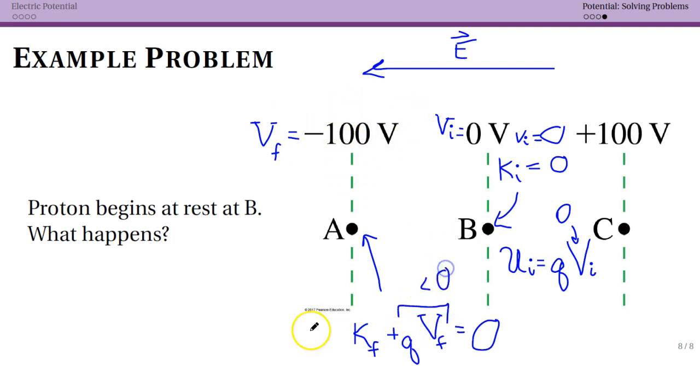So Q V final is in fact less than 0, which allows my final kinetic energy to be greater than 0, which means it's moving. If we start our proton from rest here, it's going to start moving to the left, speeding up, gaining kinetic energy as our potential energy decreases, because we see that our electric potential decreases. We'll spend more time with these types of representations, but again, it's really important to be able to go from electric potential to potential energy, and remember that that can be negative.